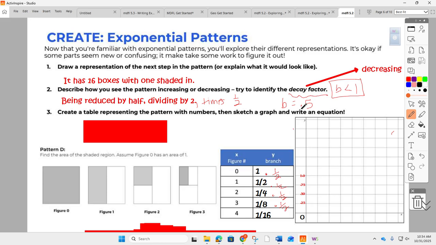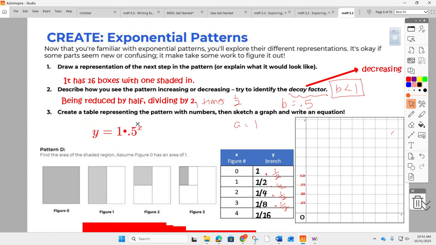Our initial value is still 1. Does not have to be 1. We're just using very basic examples for these problems so you can understand just the basic format of the equation. So y equals the initial value of 1 times our decay factor of 0.5 raised to the x power.